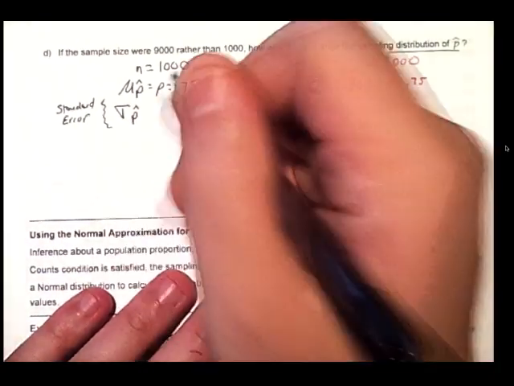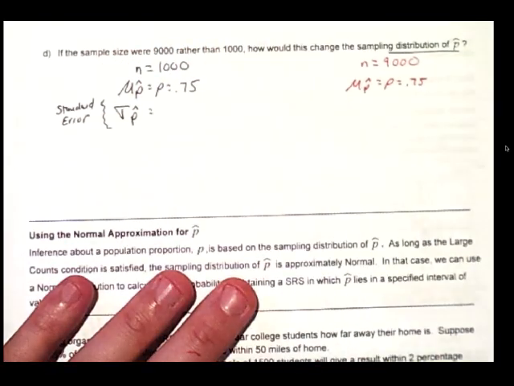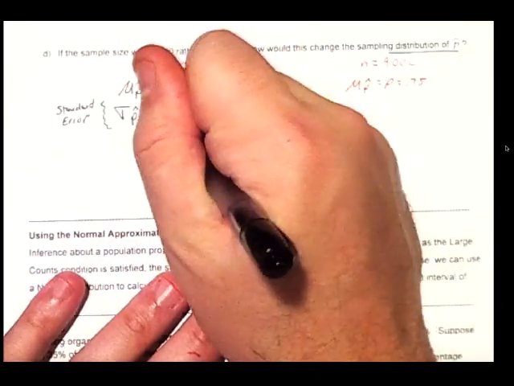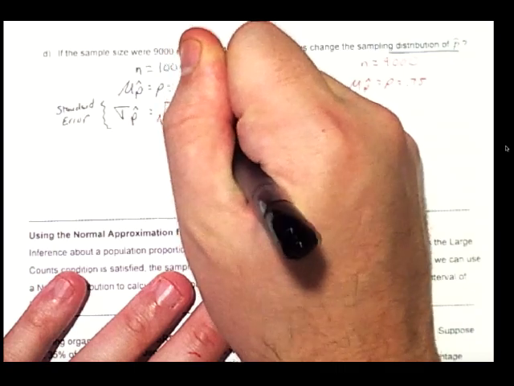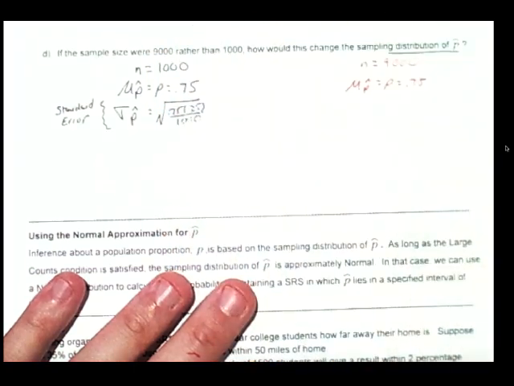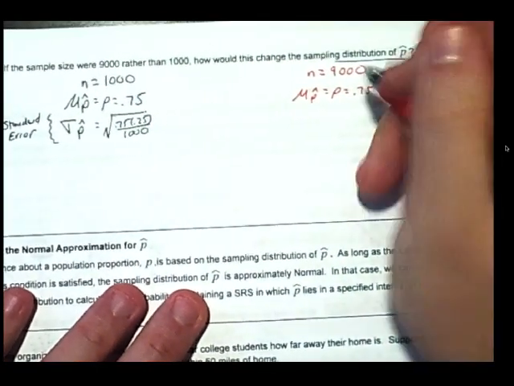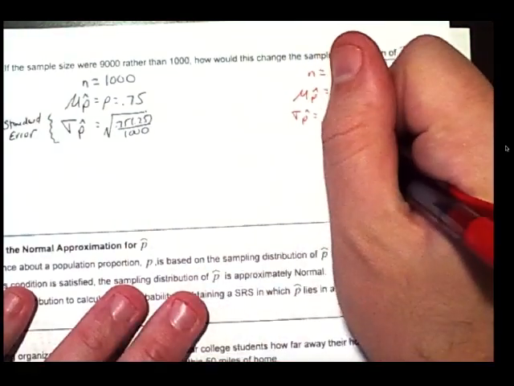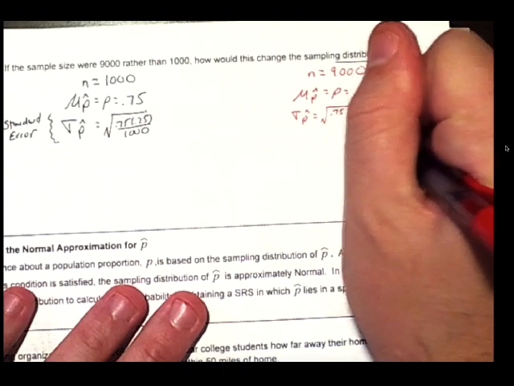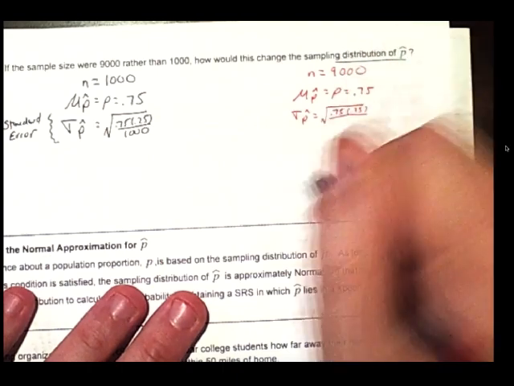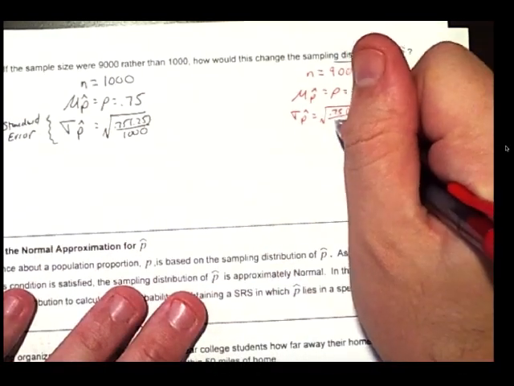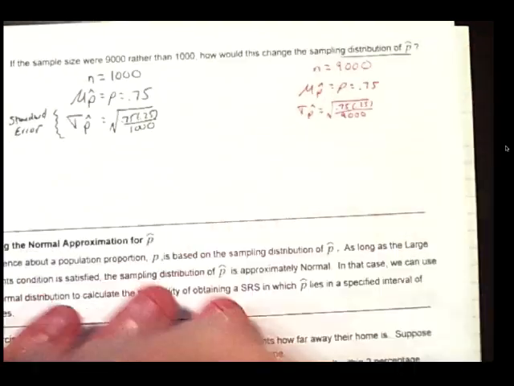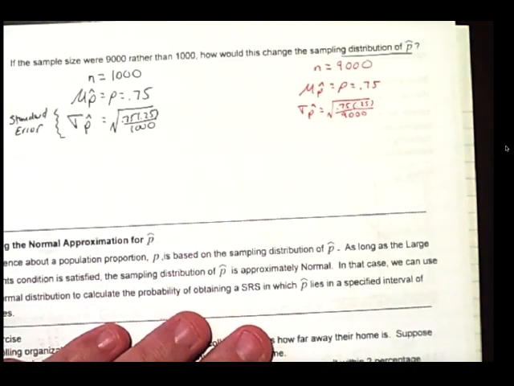Before, we had the square root of 0.75 times 0.25 over 1,000. But now this would become 0.75 times 0.25 over a sample size of 9,000, so that denominator is bigger by a factor of 9.